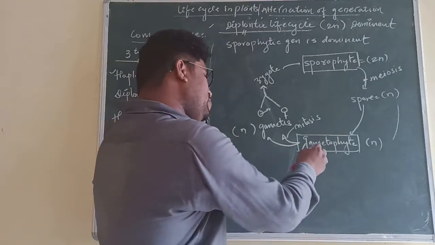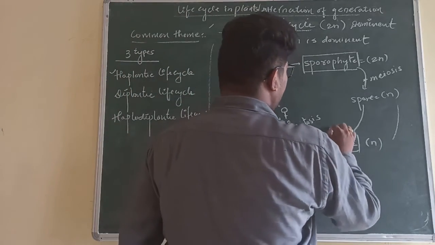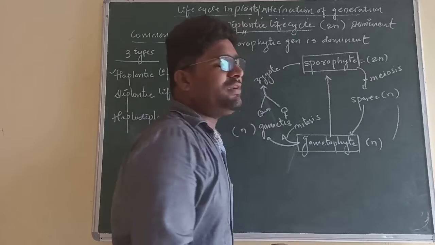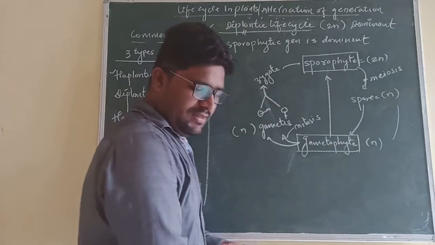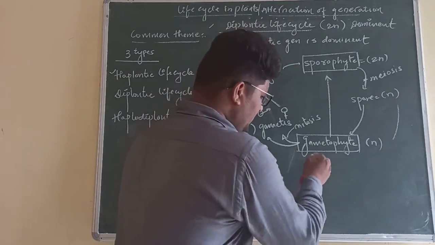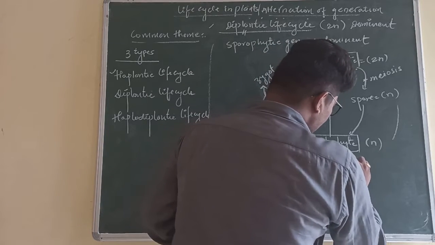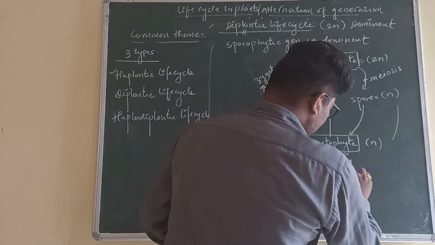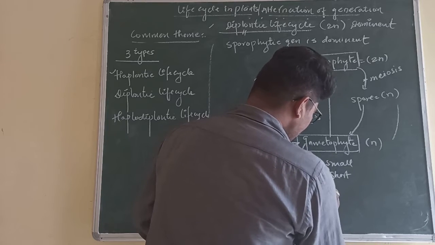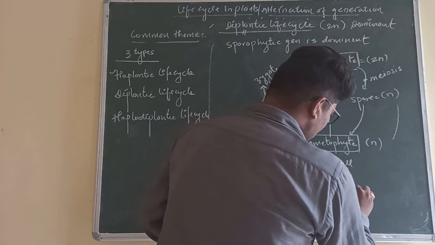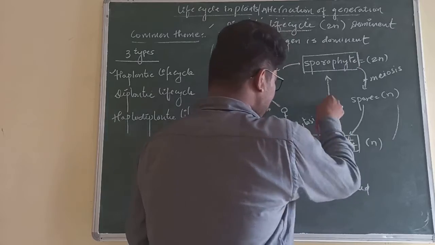It means this gametophytic generation is always dependent on sporophytic generation. This gametophyte generation is very small, short and very few celled. So it is for very few minutes.